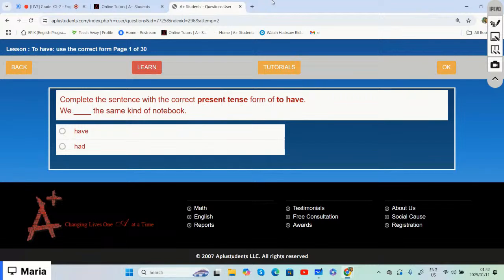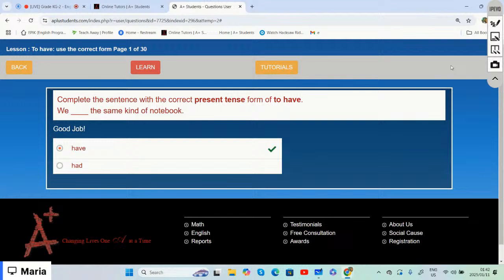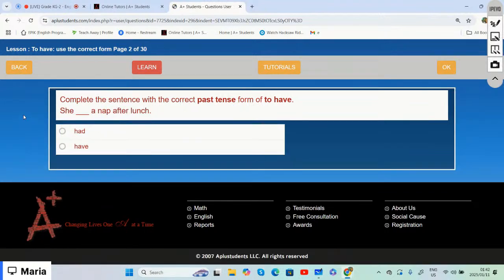So we have option one, or we had option two, the same kind of notebook. All right, and if we were to choose the correct option, we'll say we have the same kind of notebook. Well done. Option one is correct. We now need to choose the correct past tense form. Past tense. Do we say she had a nap after lunch, or she have a nap after lunch?